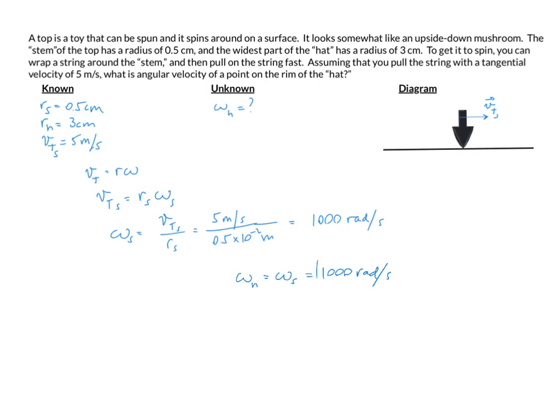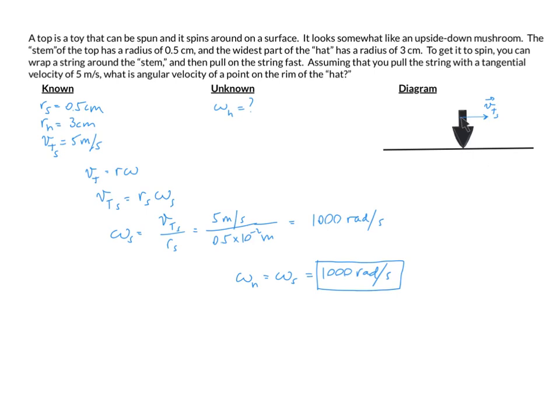So the trick here, I don't know if it's really a trick, is to picture the image and realize that all points on this top are going to rotate with the same angular velocity. Now, I could have asked for the tangential velocity of the widest part, and that tangential velocity would not have been equal to the tangential velocity that we were given here for the stem, because the stem is close to the axis of rotation.